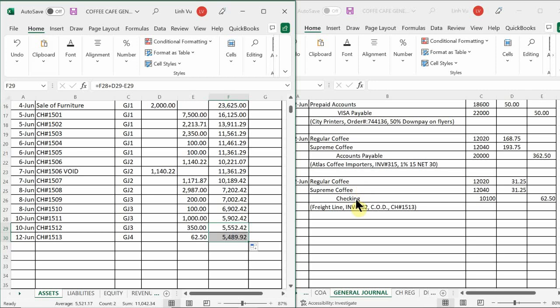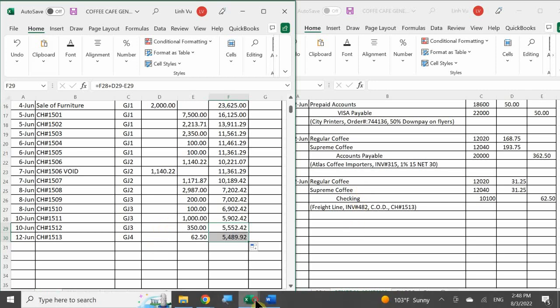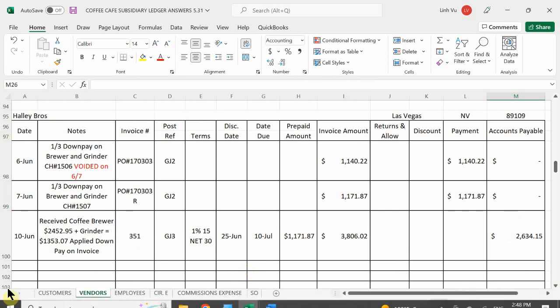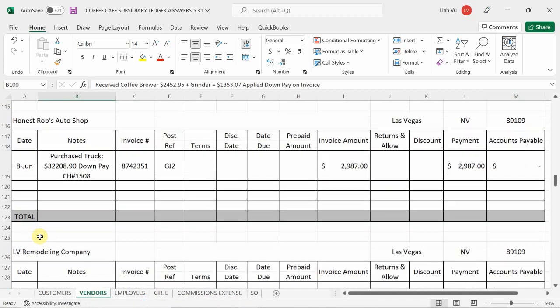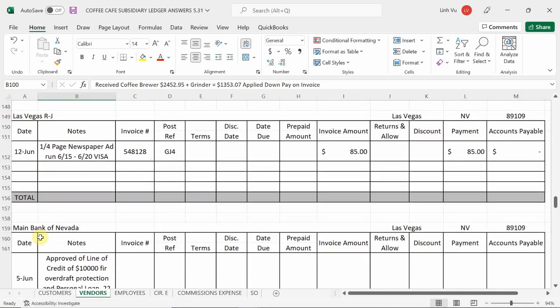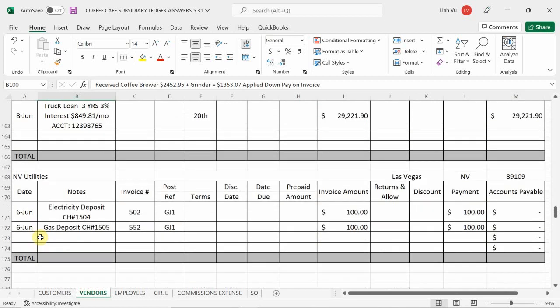Okay. So I got my journal, I got my ledger. So I need to also pop this number into my subsidiary ledger because I made a payment to another vendor. I need to ensure that they receive my payment and that they have confirmed that they sent me the items.